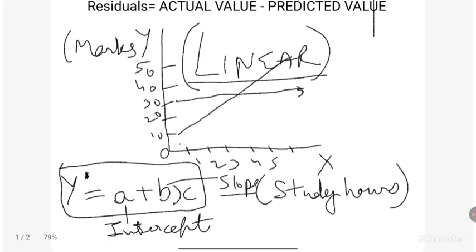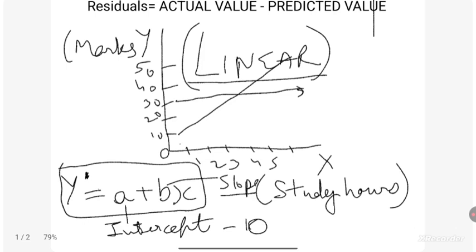Intercept is the starting value of y when x is 0. So if I say when x was 0 and the marks are 10, so this means intercept in this case is 10. So the line is starting from 10 on the y-axis.